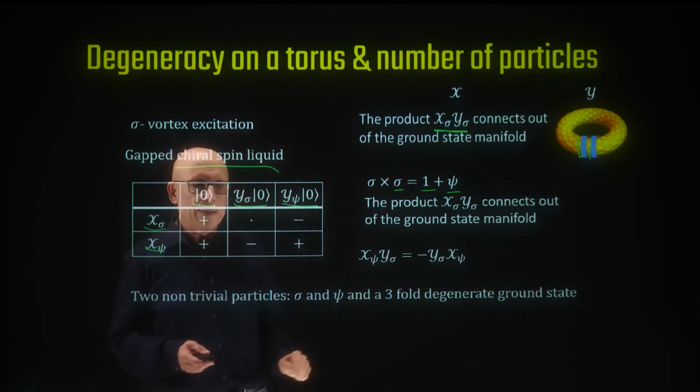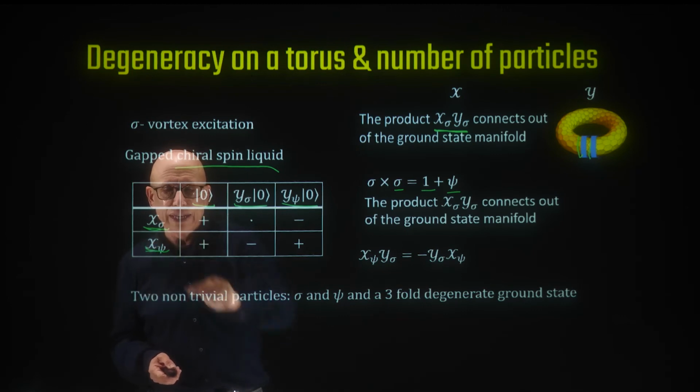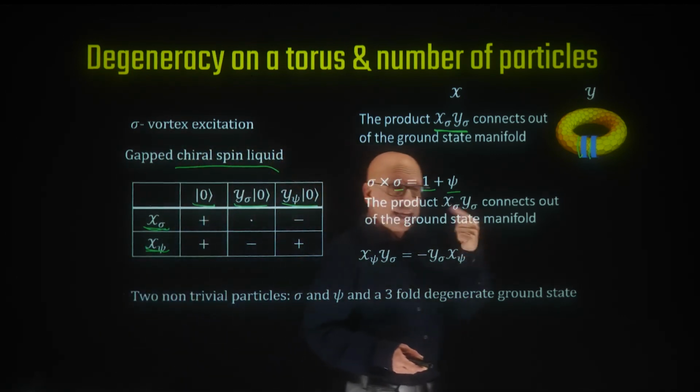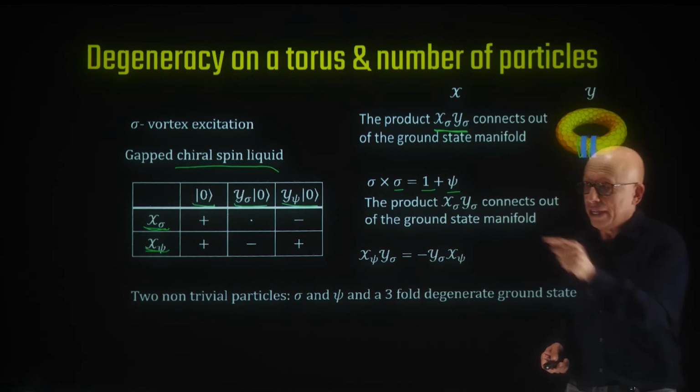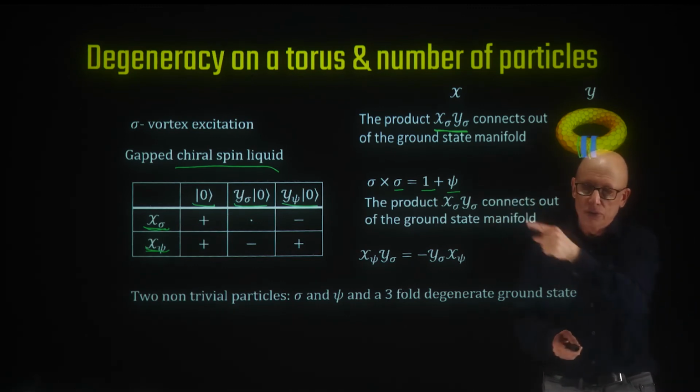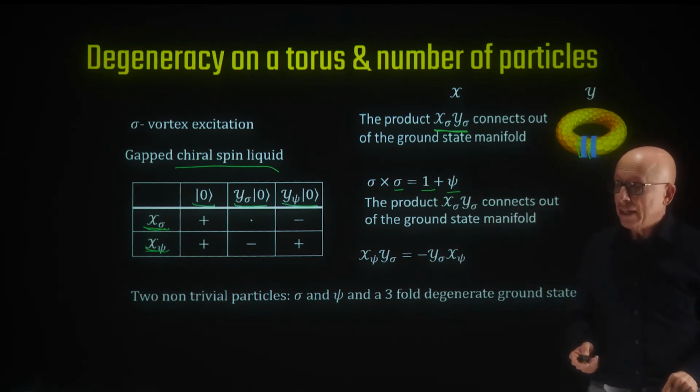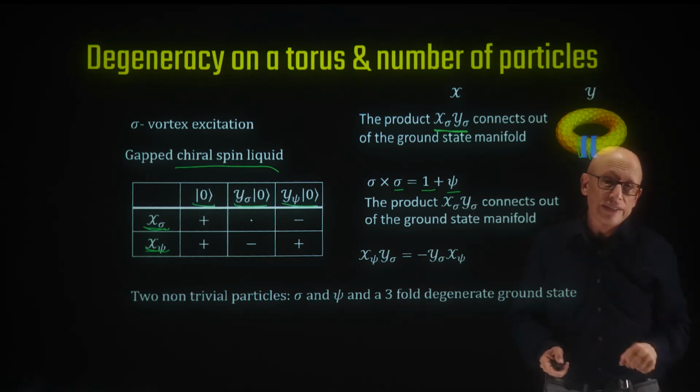But you see out of this table that by having these 2 operators, X sigma and X psi, you can identify what ground state you're in by applying them on each of the 3 ground states. So this is a second example.